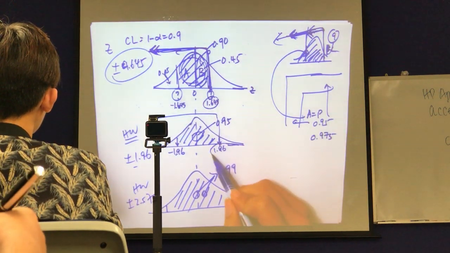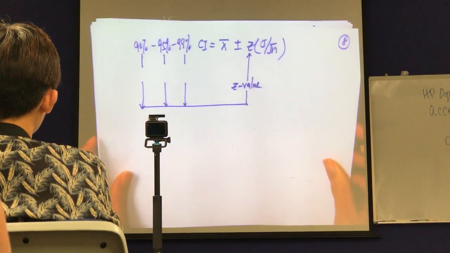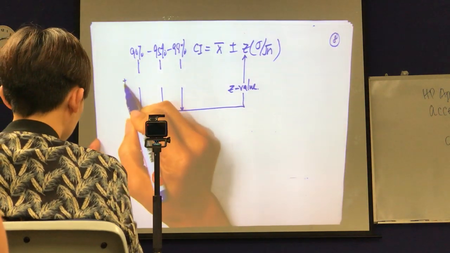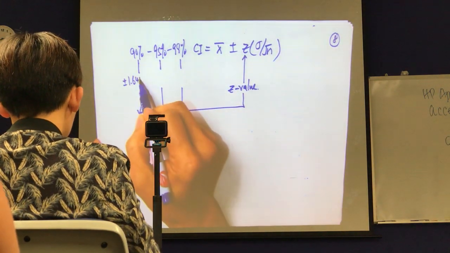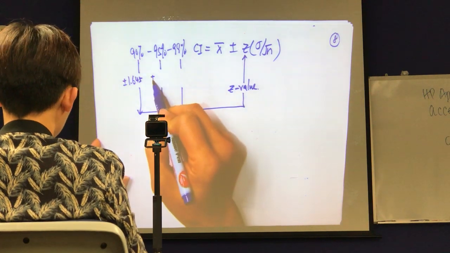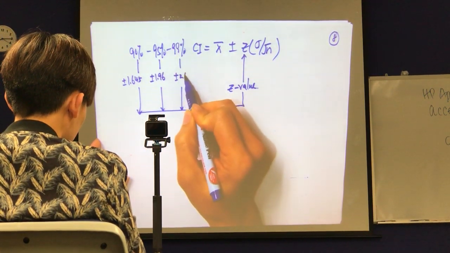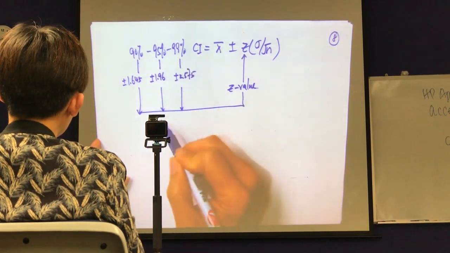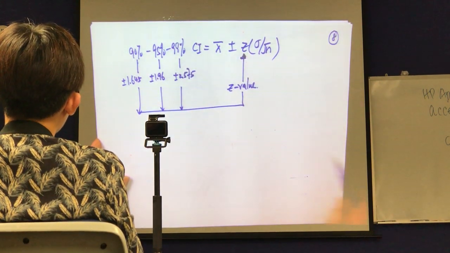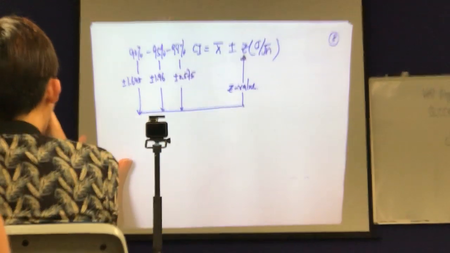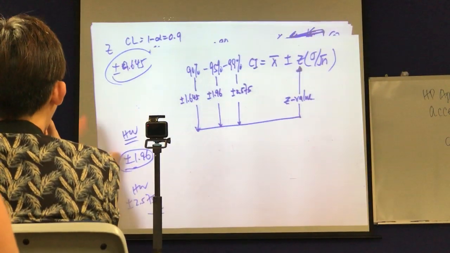You can practice this one here at home. So, 90% is plus minus 1.645. 95% is plus minus 1.96, and this one plus minus 2.575 into this Z value.